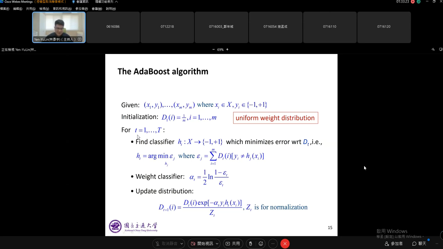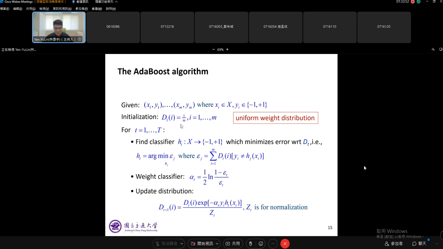At iteration t, our goal is to determine the optimal weak learner ht for this iteration. What we have here is a weight distribution Dt over the training data. The special case is that at the first iteration, D1 is from the initialization.